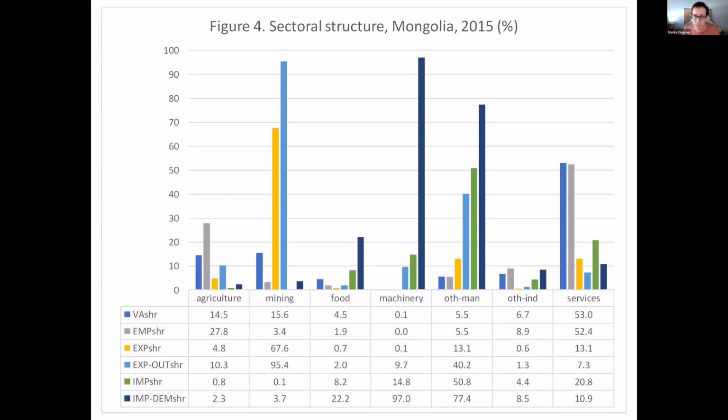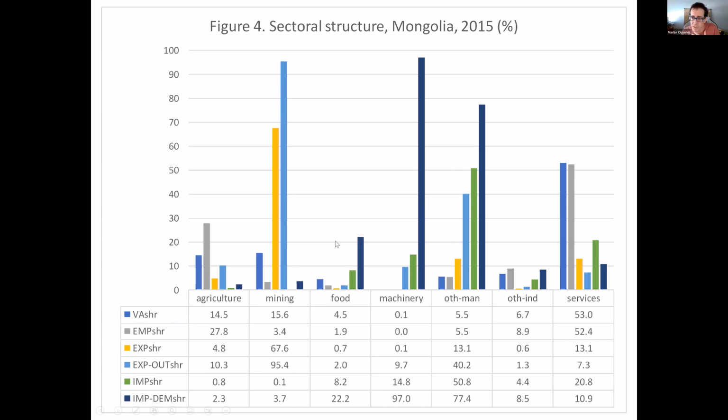So we see how relevant trade is on the export side and the import side for the different sectors. From here, we learn that, for example, agriculture is important in terms of employment, less in terms of value added and exports. We see mining is a huge sector in terms of exports. See the yellow line, and it's also a very export-oriented sector.